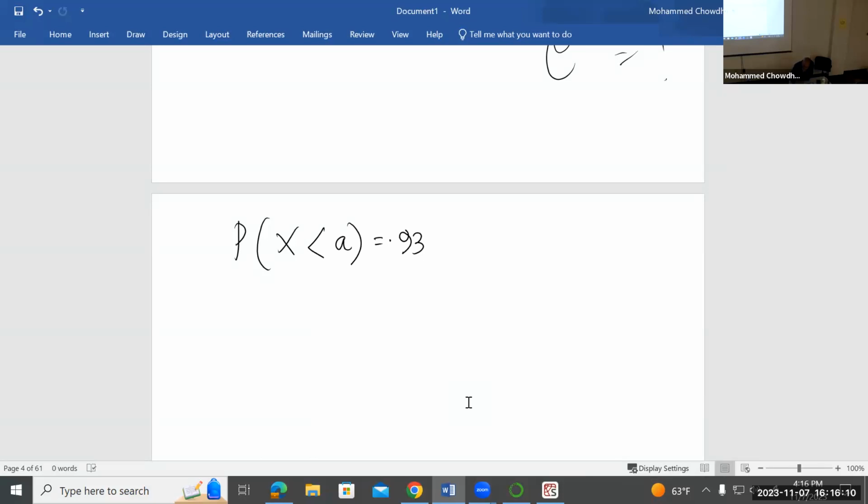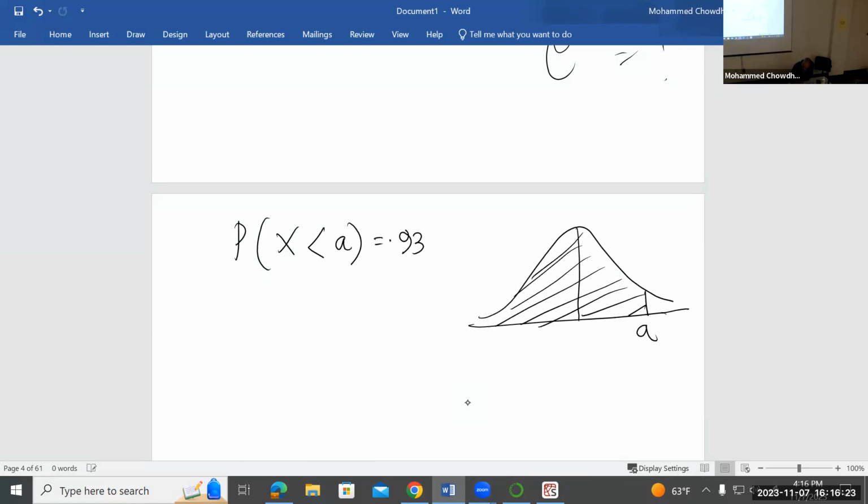This is the figure: this is equal to A, this area is 0.93, and the mean is 550.